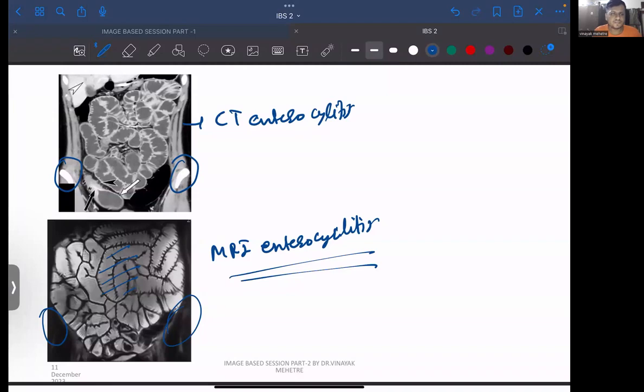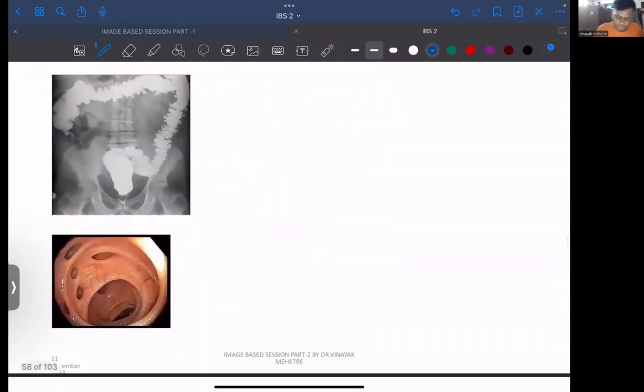Direct question था, what is this? This is called as saw tooth appearance. Okay. ऐसे लगेगा दांत बाहर आए. Okay, saw tooth appearance.